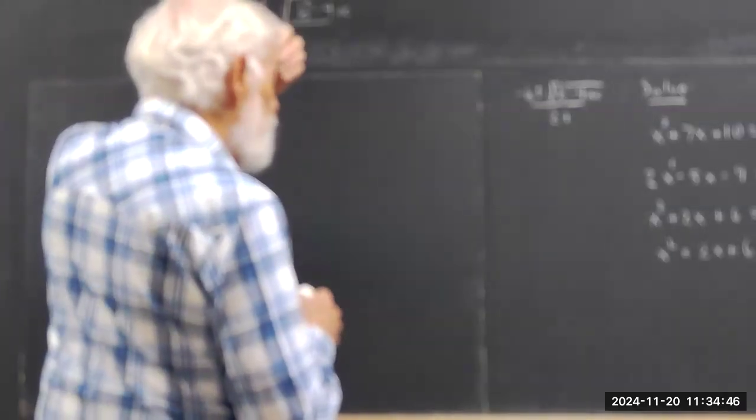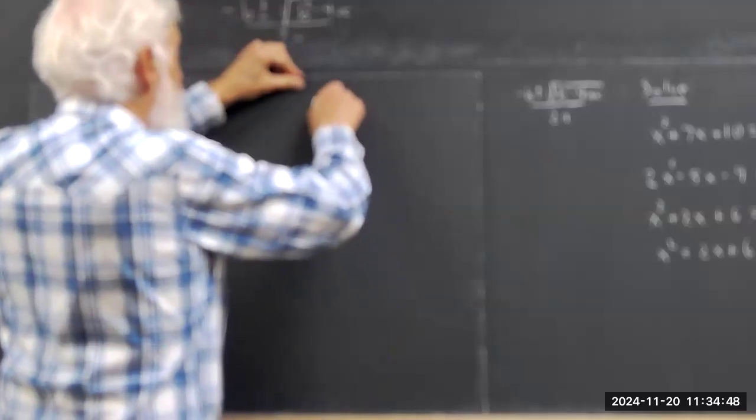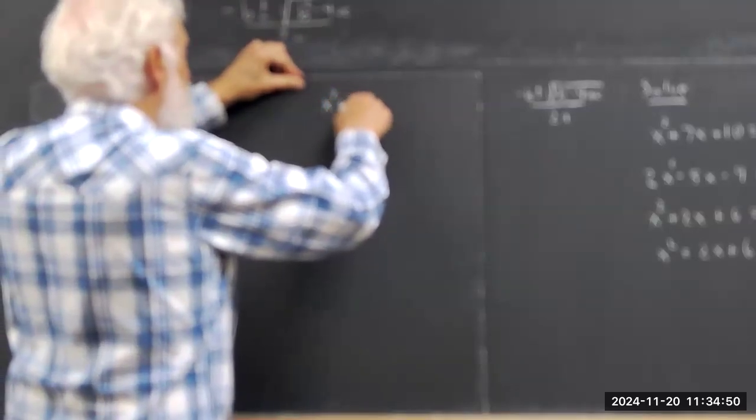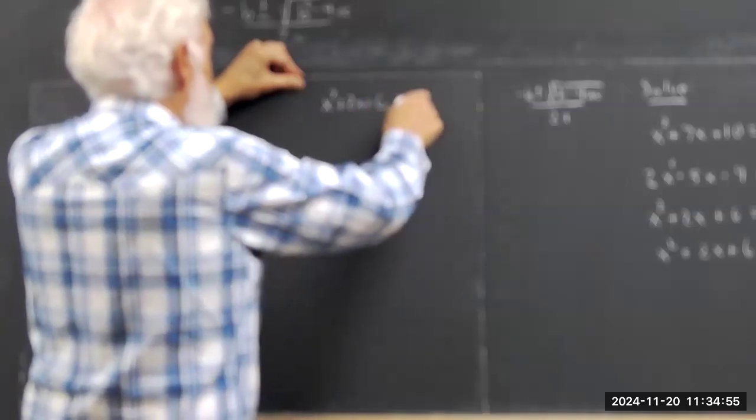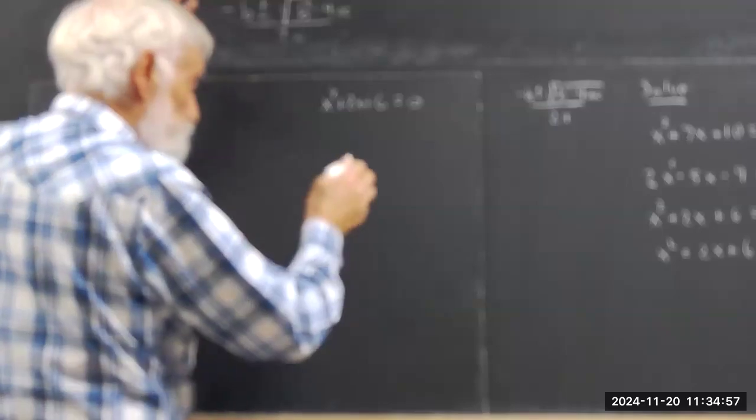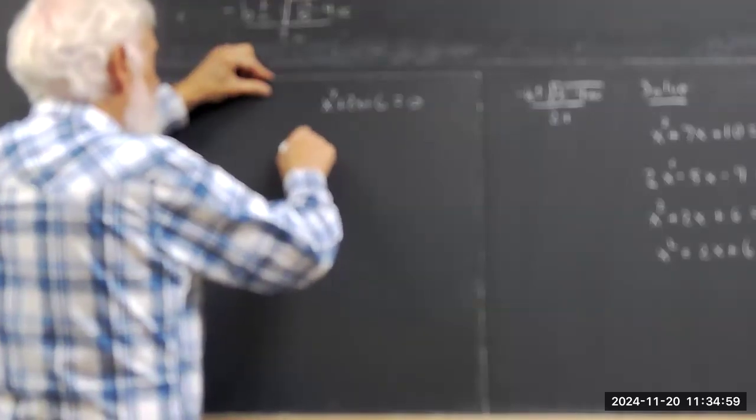Okay, we have x squared plus 2x plus 6 equals 0. Well, we use the quadratic formula.